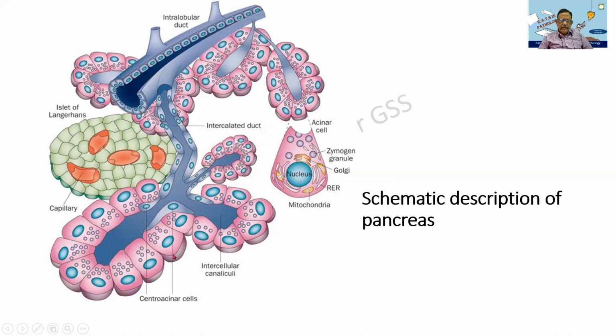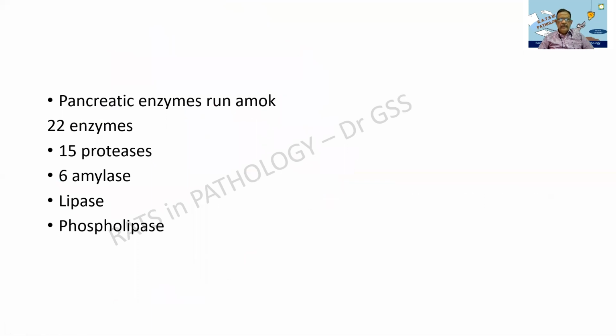And these are the parenchyma, some kind of acini which empty their secretions. As I mentioned earlier, there is the islet cell of Langerhans. There are very powerful enzymes in the pancreas which can dissolve almost anything on earth: 22 enzymes, proteases, lipases, amylases, and phospholipases.